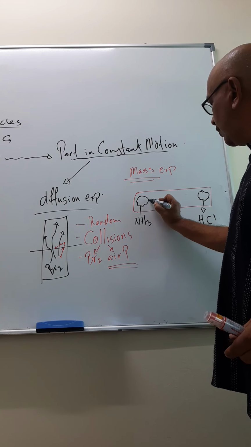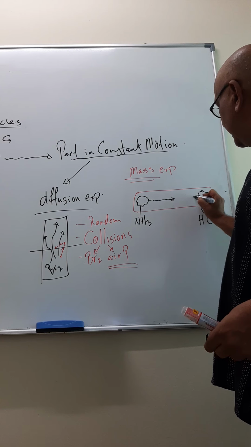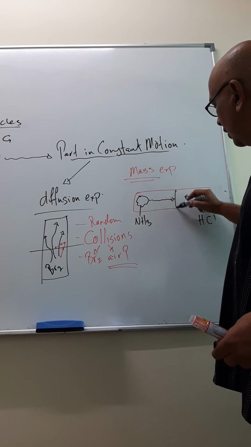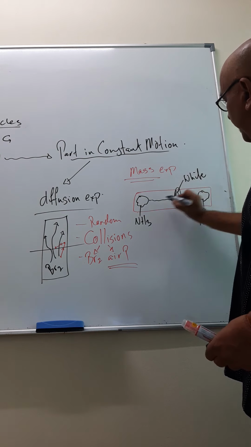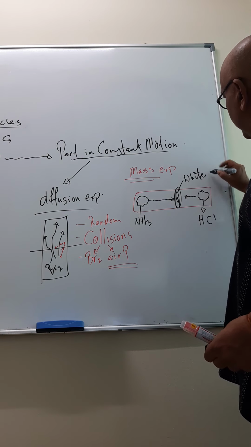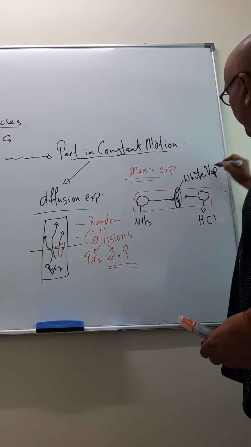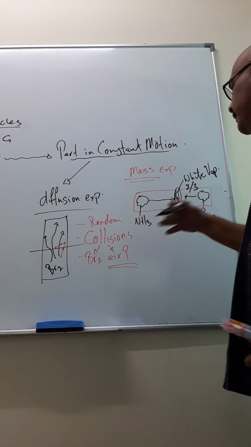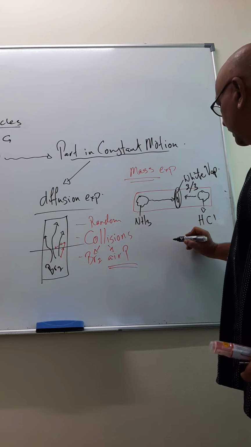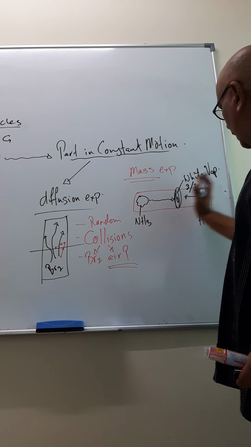When this one diffuses faster, this one diffuses slower, we get a white vapor here. It should be about 2/3 of the way down the tube, closer towards the hydrochloric acid side. So about 2/3 here, 1/3 here.